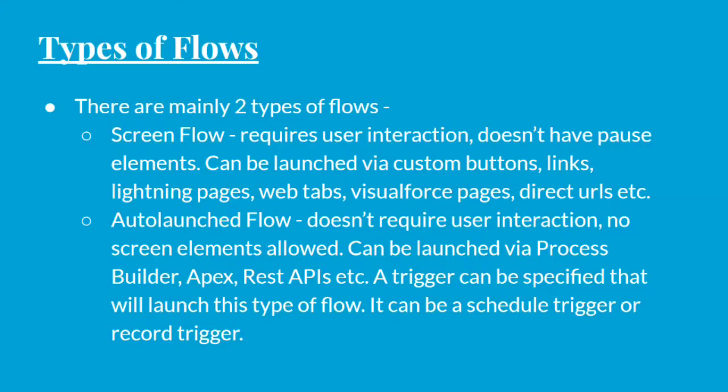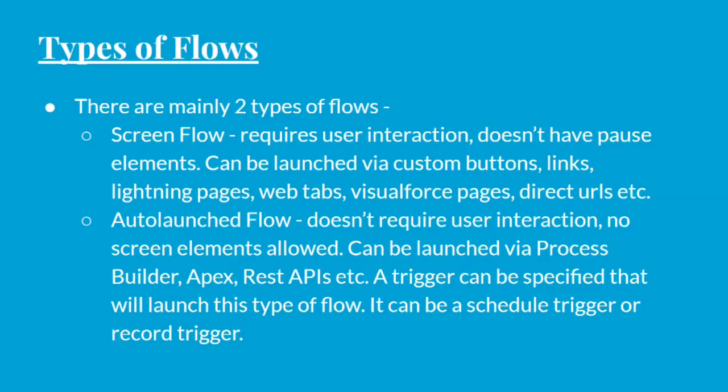Based on that, these auto launch flow gets launched. So a trigger can be specified that will launch this type of flow. What will launch this auto launch flow will be a trigger, and it can be a schedule trigger or a record trigger.